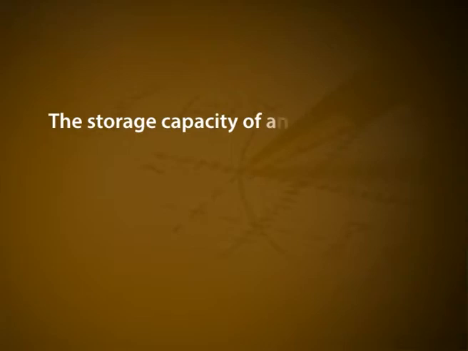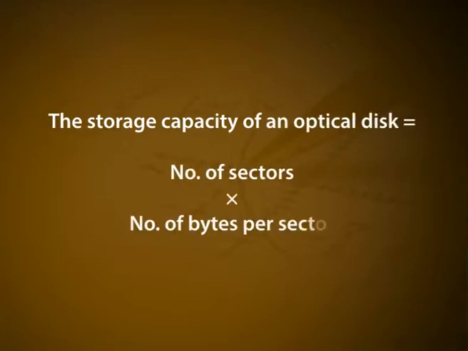Cost per bit of storage is very low for optical disk because of their low cost and high storage density. The storage capacity of an optical disk is equal to the number of sectors multiplied by the number of bytes per sector.